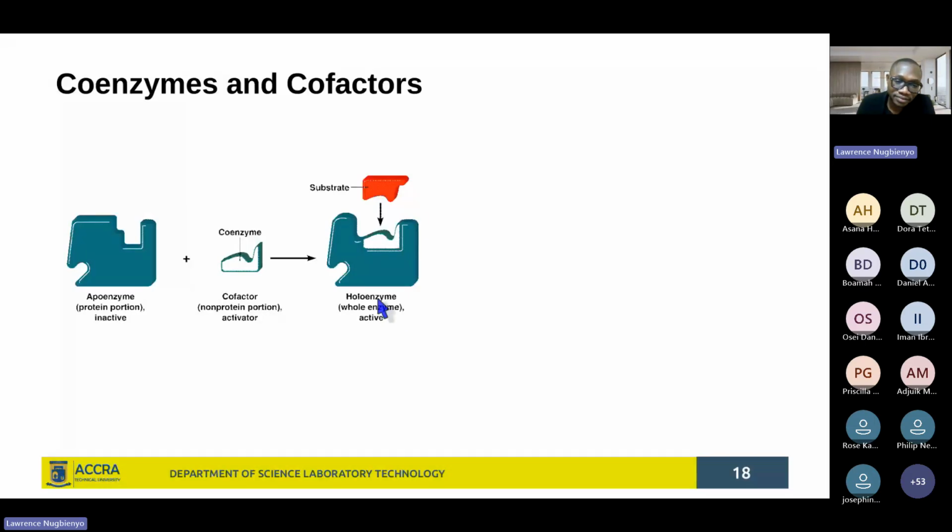That is the active form of the enzyme. So now the enzyme is active and it can interact with the substrate, which is depicted in red.